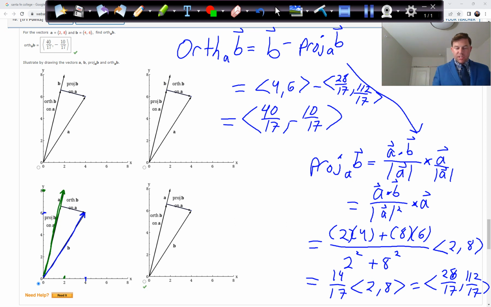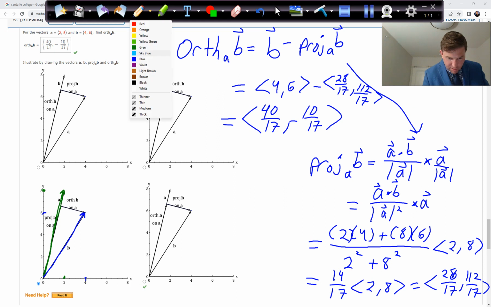The projection of B onto A is like if you shined a flashlight onto B and the shadow would be cast onto vector A. So you can imagine, let's try purple here, if the colors don't bleed over, I shine a flashlight at B, its shadow onto A is going to look like this purple line right here.